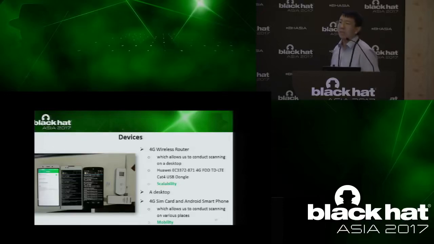So first is the scanner setup. Basically, we use two types of devices. The first type is a 4G wireless router-based desktop. We use a 4G wireless router and insert it into the desktop, and it turns the desktop into something like a mobile device, which means the desktop will join into the 3G, 4G intranet.